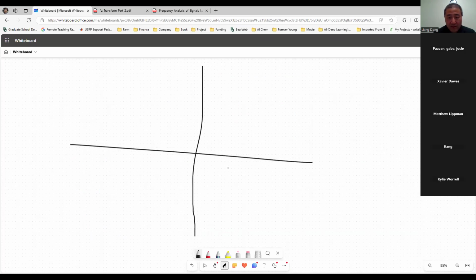One is at 0.5, it's probably here, 0.5. Another is at 3. It's 1, 2, 3, somewhere here. I have two real poles. Now, these real poles actually give me the boundary of the region of convergence. So I will have a circle here with radius of 0.5, another circle right here with radius of 3.